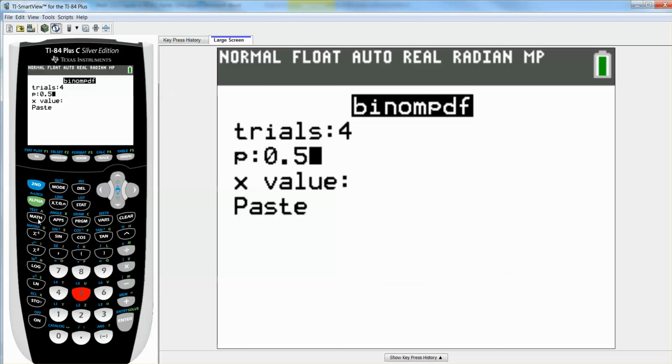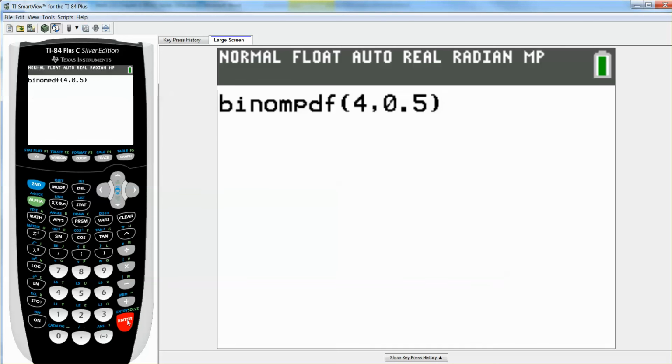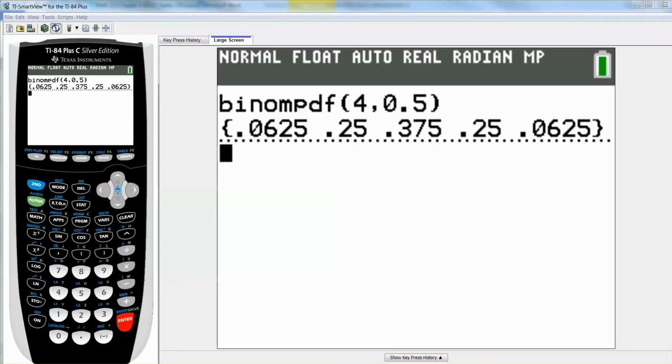I got that by hitting alpha A because I knew it was A. And now we're going to do something crafty here. We're actually not going to put in an x value. I know it's kind of freaky, but that's what we're going to do. We're going to leave it blank. You can do that. The x value is not mandatory. You have to put in an n and a p every time, but x value is not always required. All right, so it comes out Binompdf 4, 0.5. Let me press enter, and that's the values I get.